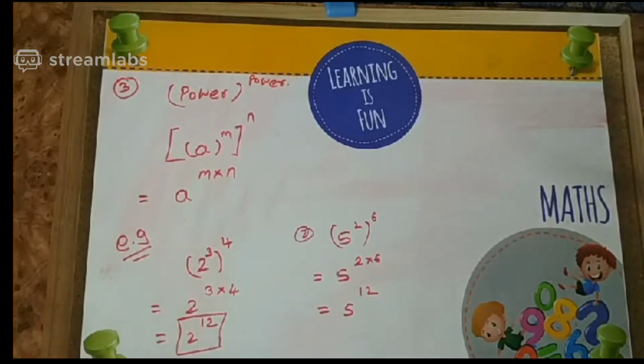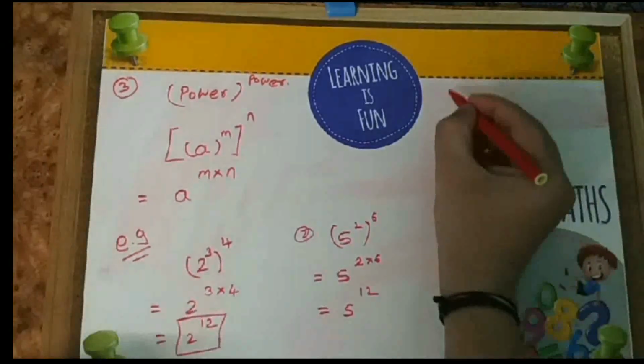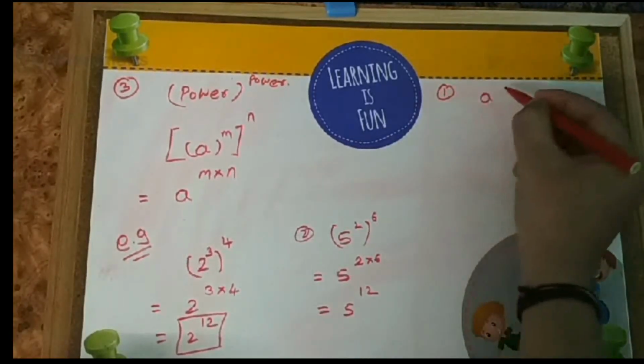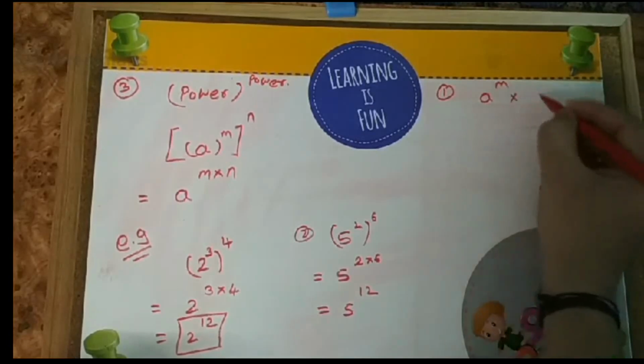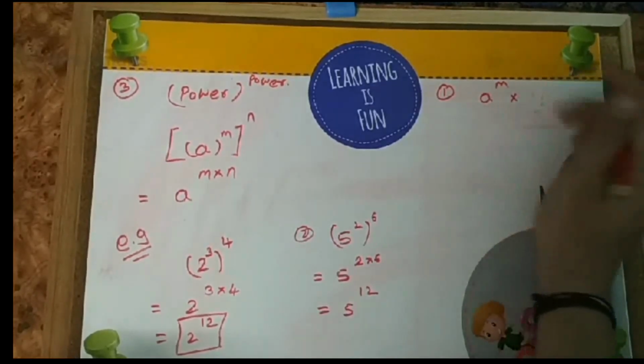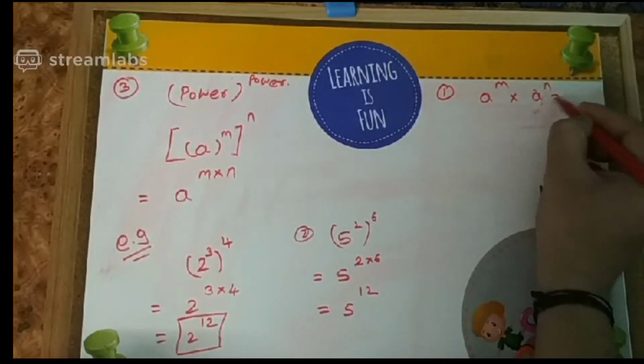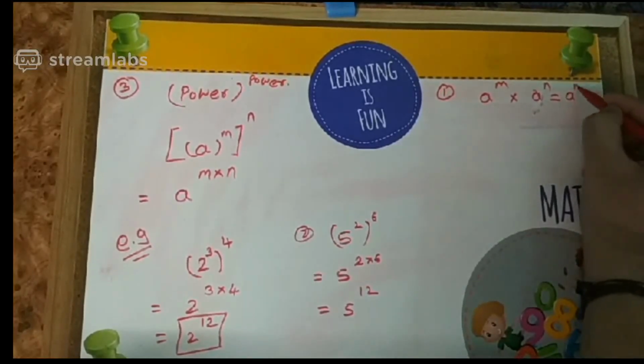So I hope you understood all the three laws right now. We will just recap once again. The first law was when multiplying numbers with the same base and different exponents, the powers get added.